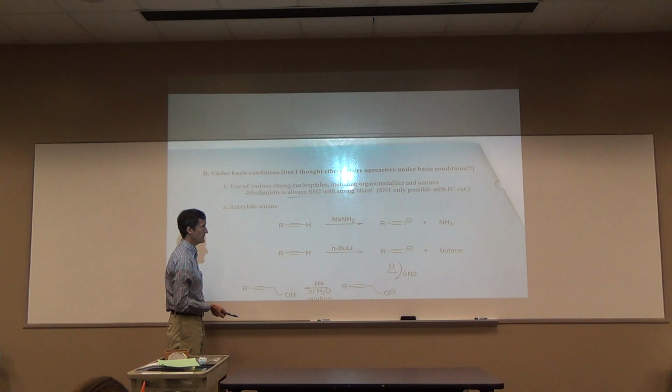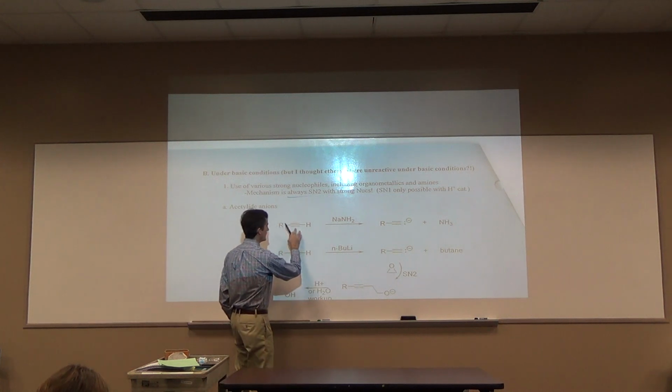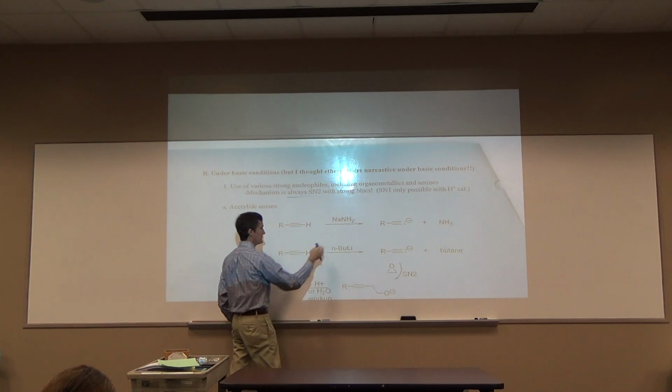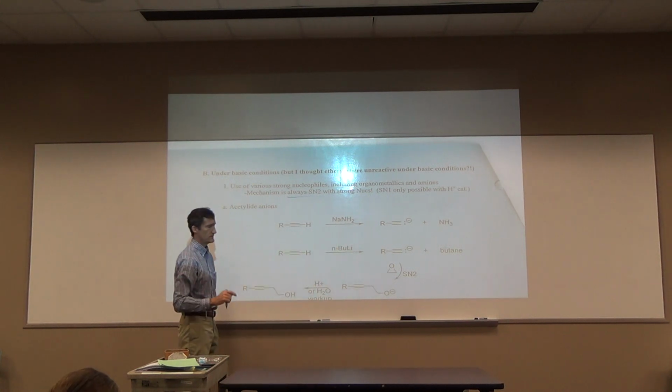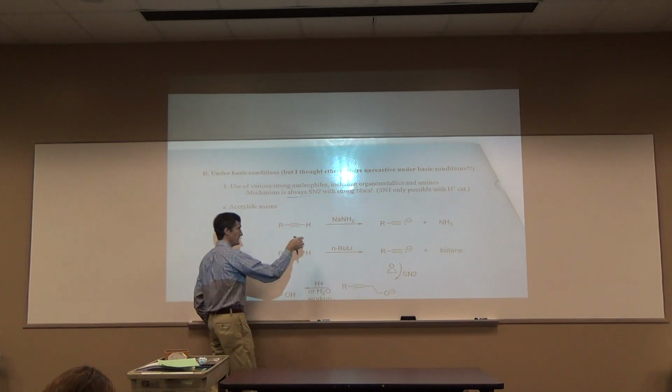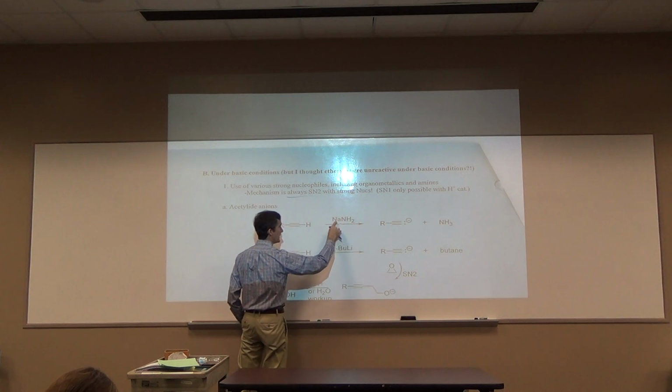I think we've already seen it in Organic 2 already, haven't we? I think so, maybe not. Common bases for doing this are sodamide or n-butyllithium. Again, sort of seen this already, is that right? Okay, two common bases.